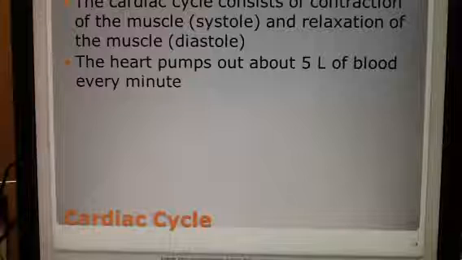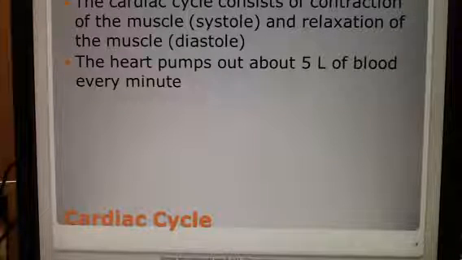Okay, the cycle that we just talked about with the blood going through the whole heart and the lungs and out to the body, that one cycle of it is called the cardiac cycle. It consists of contraction of the muscle, which is called systole, and relaxation of the muscle, diastole.